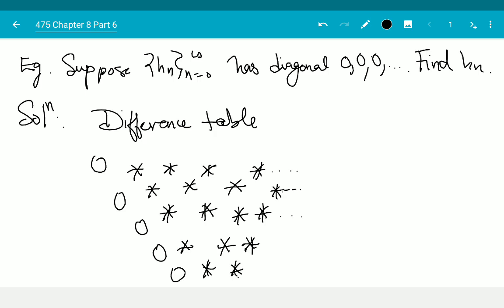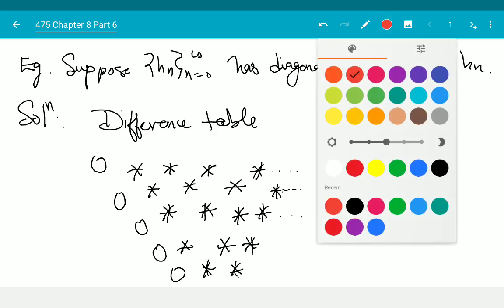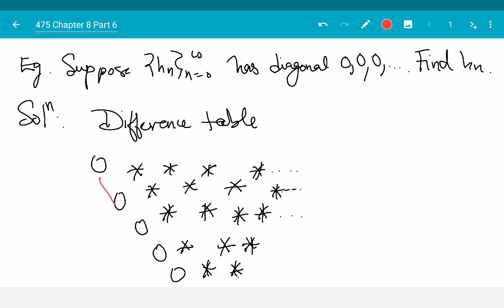Okay, let us see what happens now. Because these two are 0, this term is forced to be 0, right? This is my h0, which is equal to c0. This is c1. c0 plus c1 is equal to h1, because h1 is the difference between these two. So I get this is equal to 0.